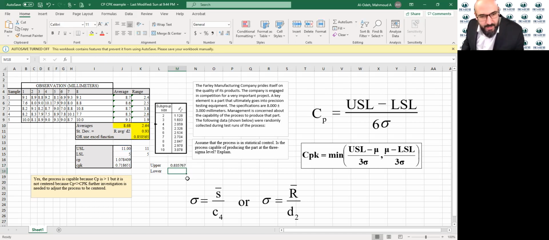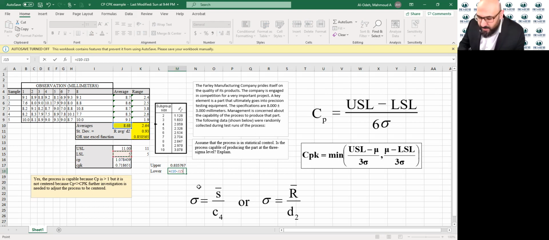That would be 0.835. The lower would be the average minus the lower specification limit 5, divided by 3 times the standard deviation 0.93.